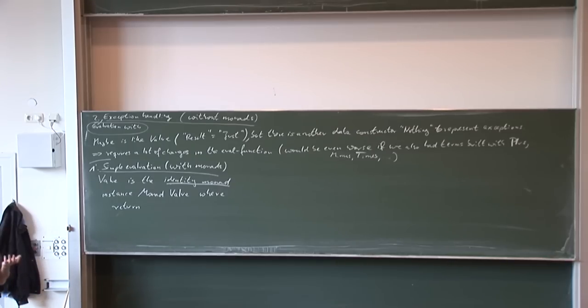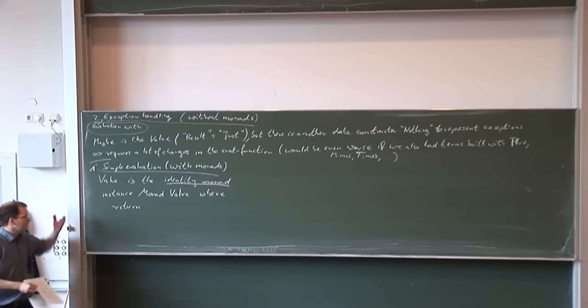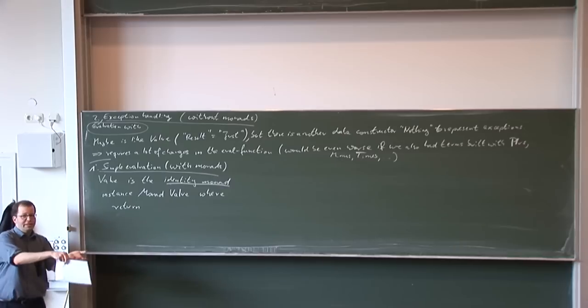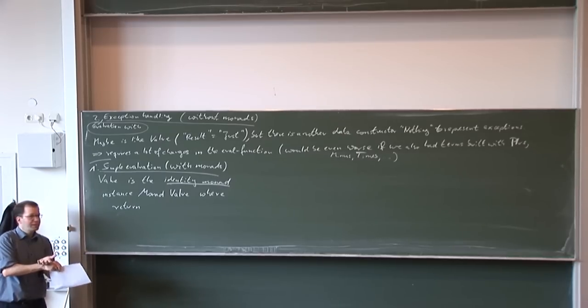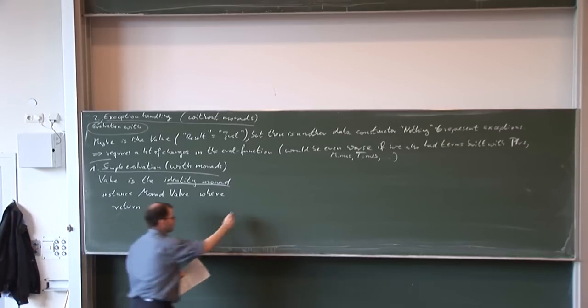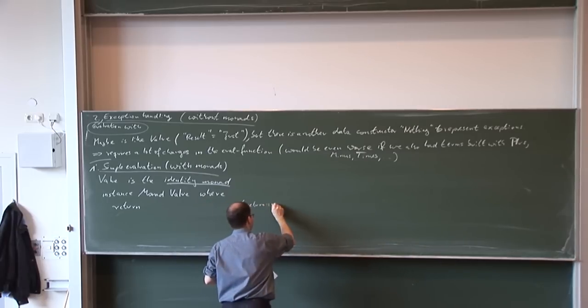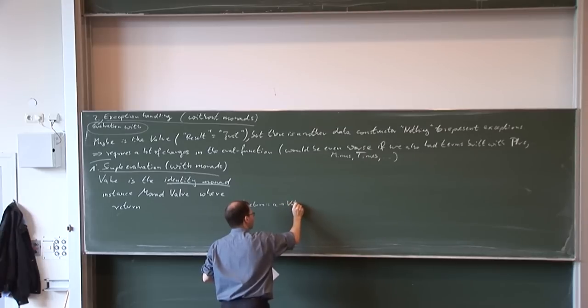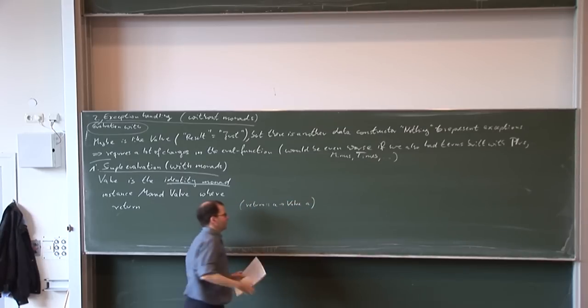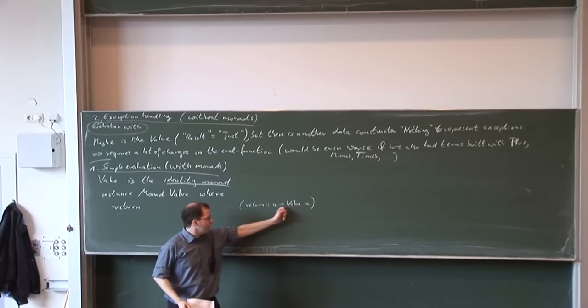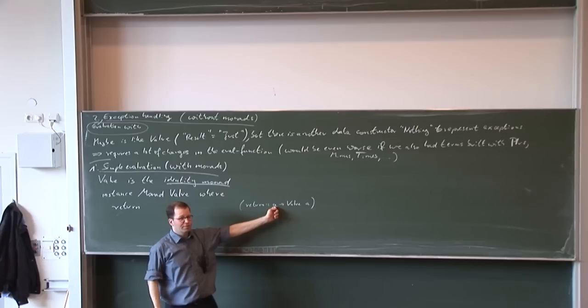Now, return, what's the meaning of return? Return should take an object and give you back a monad object where this value is encapsulated. So in other words, return has, in this case, the type: we take an object and we give you back an object of type value A where this A object is encapsulated.